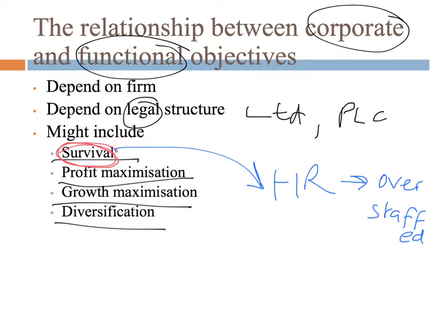So next, profit maximization. Well, the functional area here will assist a business in maximizing its profits. So it might be effective marketing in order to increase sales. It might be improving profit margins by reducing costs. It could be effective capacity utilization, or it could be reducing staff turnover and staff absenteeism.